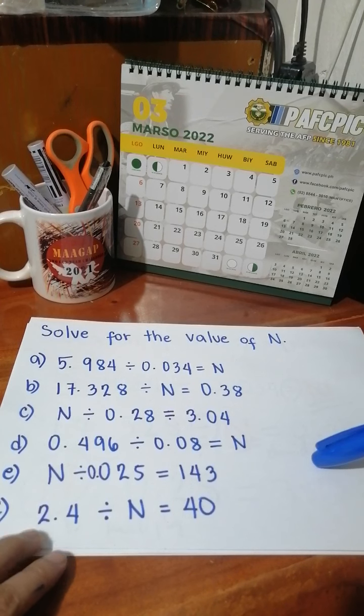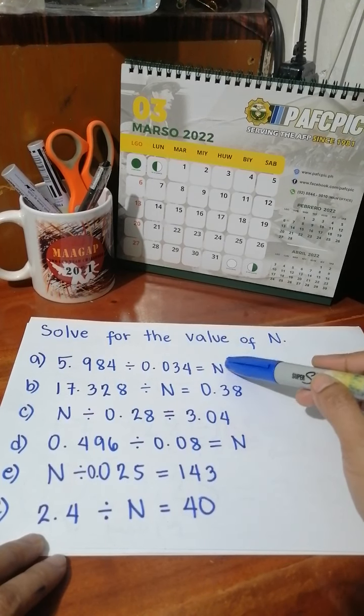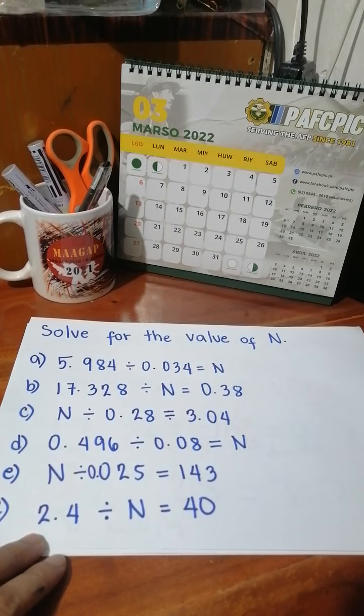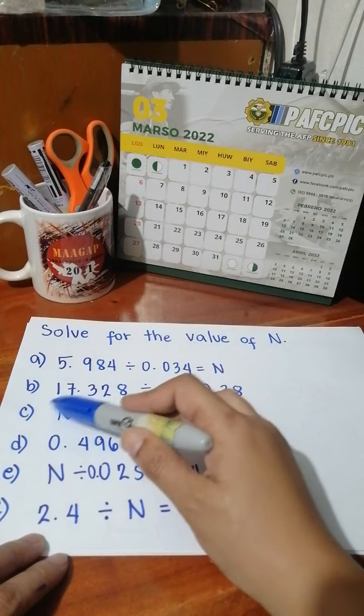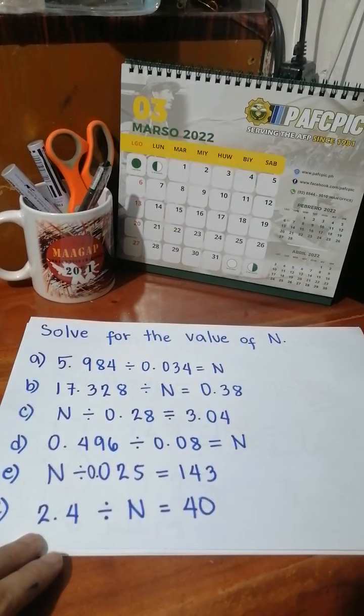No, it depends again on the positioning or location of the n. So before we solve each equation here, we need to take note of the position of n so that we'll be able to solve correctly the value of n in each equation.